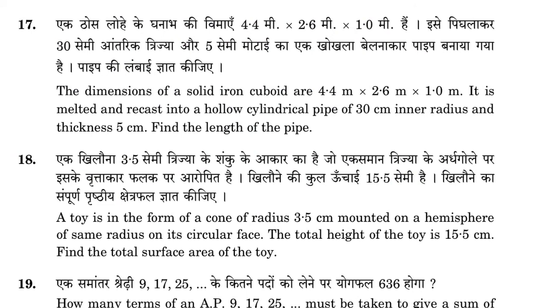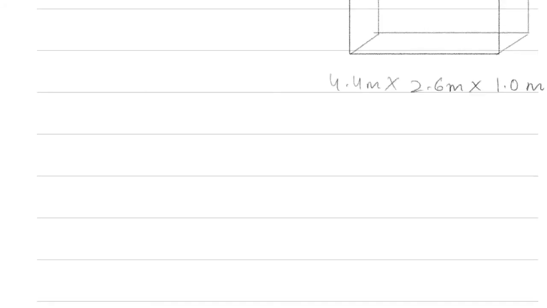17th question. In this question we have a metallic cuboid with dimensions 4.4 meter into 2.6 meter into 1.0 meter, and it has been melted and recast to form a hollow cylindrical pipe.